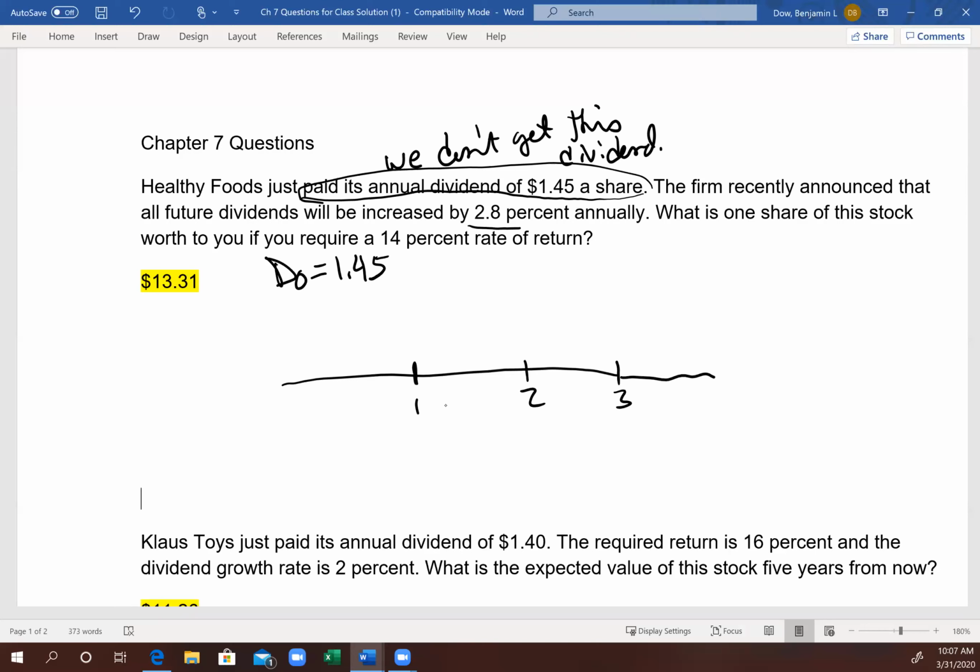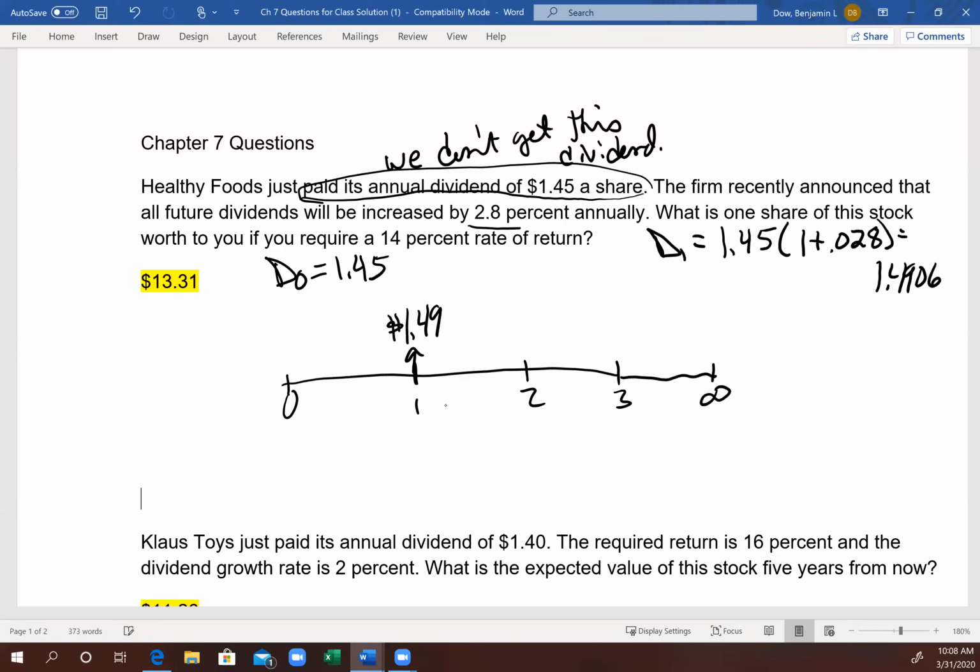So if that's our estimate, then $1.45 was last year's dividend. I'll just do the dividends for the next 3 years. Then we're expecting the dividend a year from now to go up by 2.8%. So if it's going to grow by 2.8%, then the dividend next year should be $1.49. And if you want to be real specific, $1.4906. Okay.